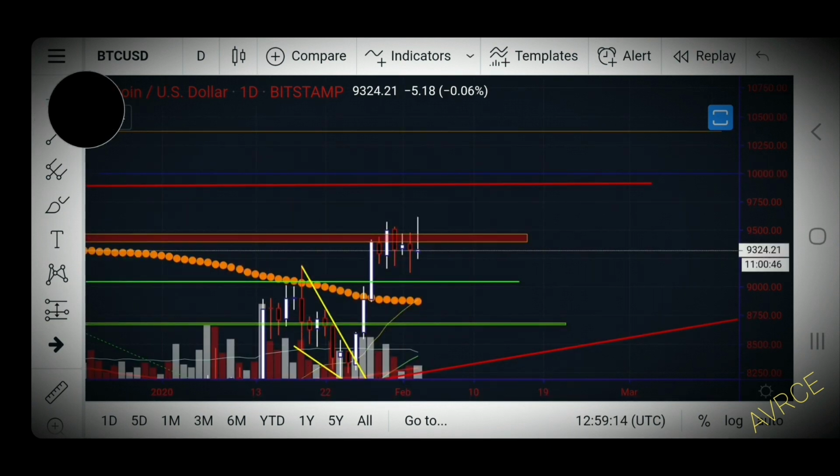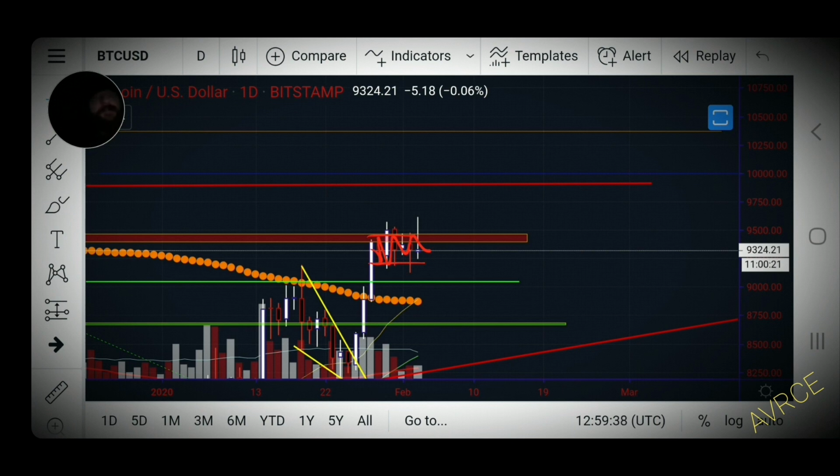Alright, moving averages aside, there's something else I need to point out. Bitcoin has been trading sideways for the last couple of days, like 5 or 6 days, and I've seen people saying that it's a bull flag that Bitcoin has been forming.